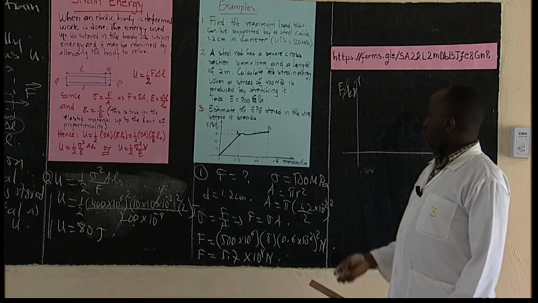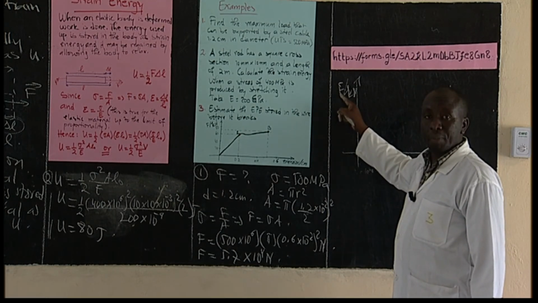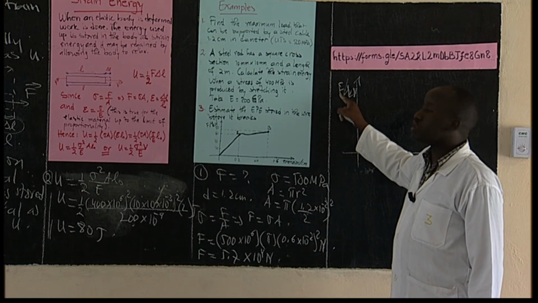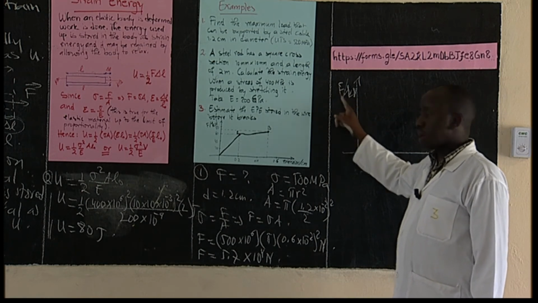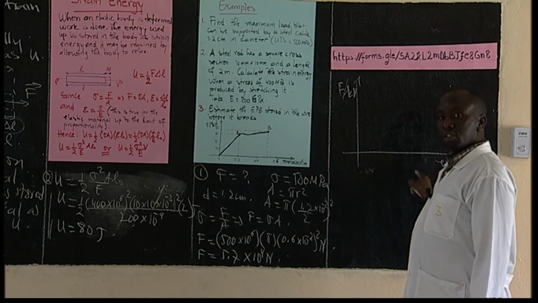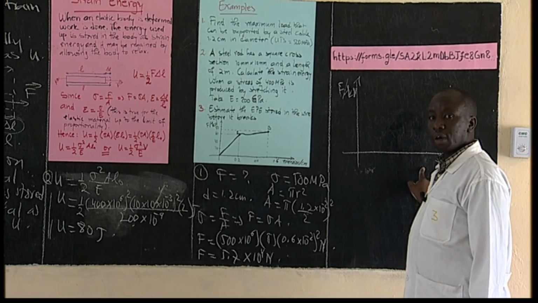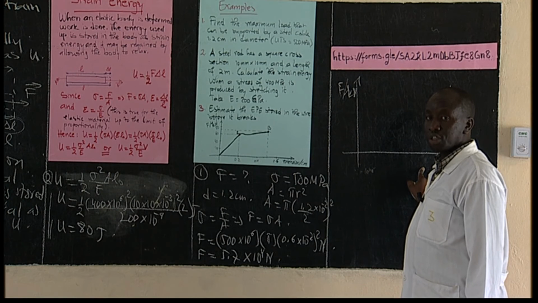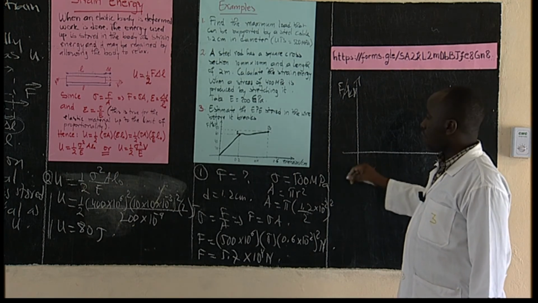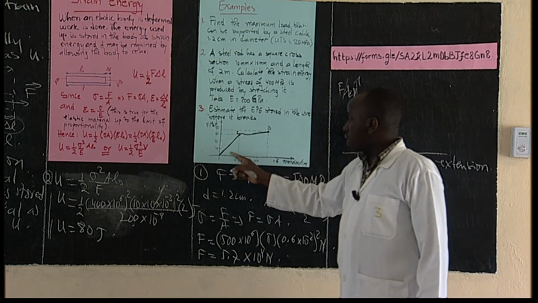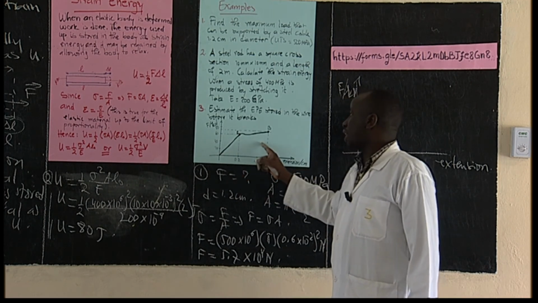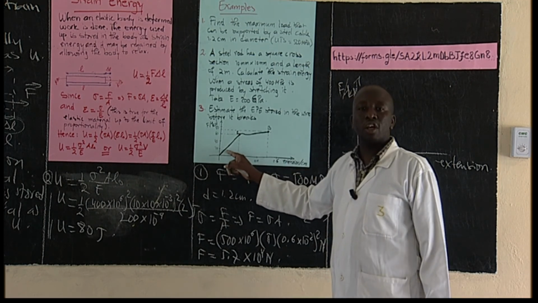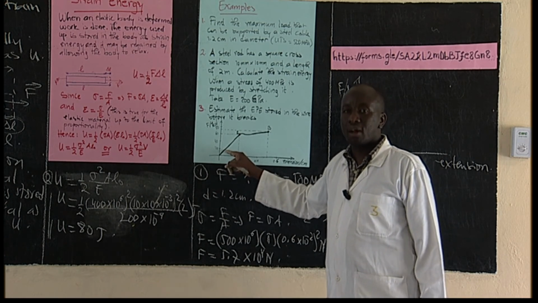So this is the extension. This extension was given as 2 centimeters, and the force was given in kilonewton. So when you have the force, remember what we had in the stress-strain curve. Here we had the force over area, and here we had change of L over L0, that is the initial length. So if we have this also, we can determine the work done, which is always the area under the curve.